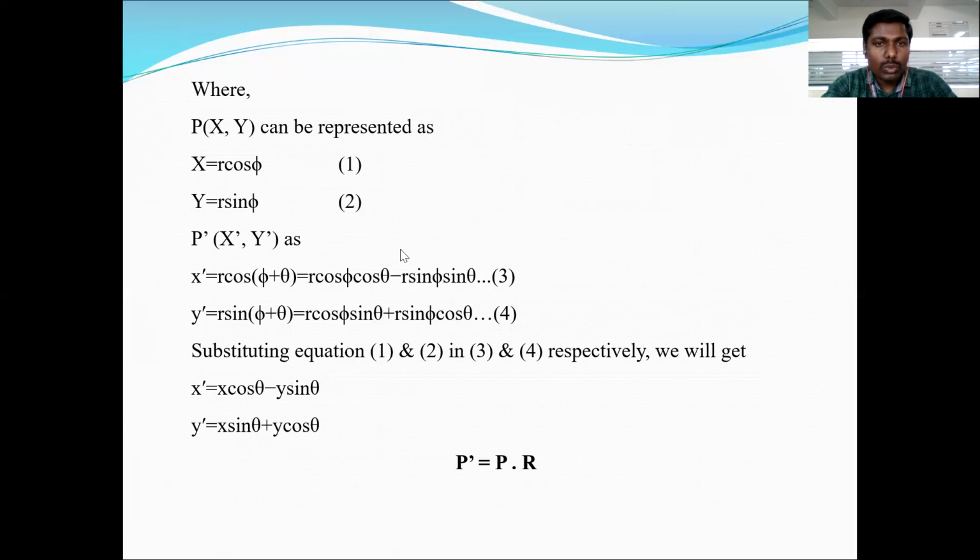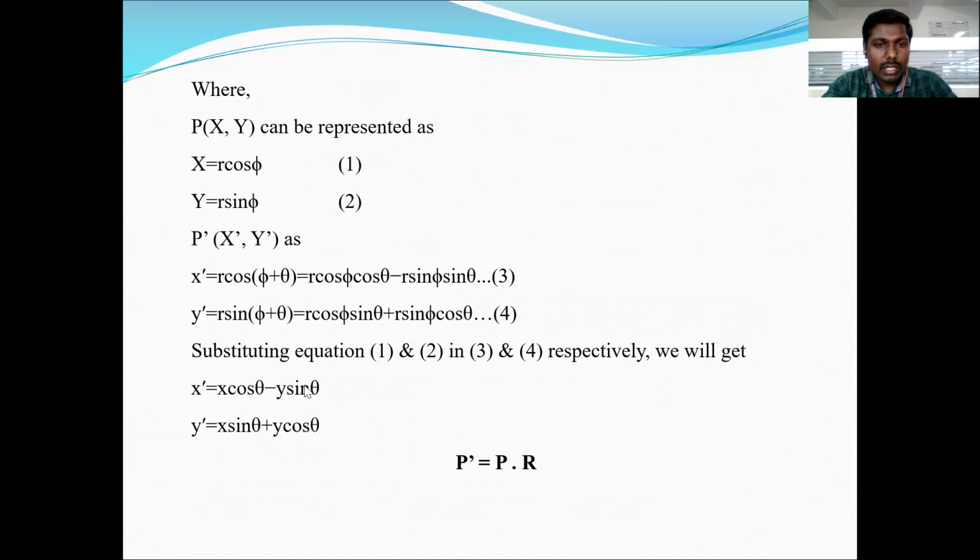Substituting 1, 2, 3 and 4 respectively, we get x dash equals x cos theta minus y sin theta, and y dash equals x sin theta plus y cos theta. This is our final x dash and y dash equation. Why are we applying cos theta and sin theta here? Any guesses? Because we are applying angles theta in algebraic, geometric, mathematical calculation.